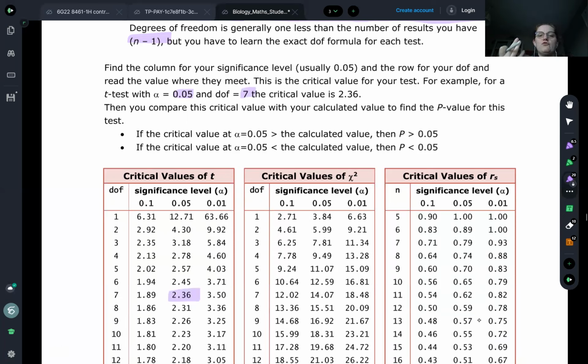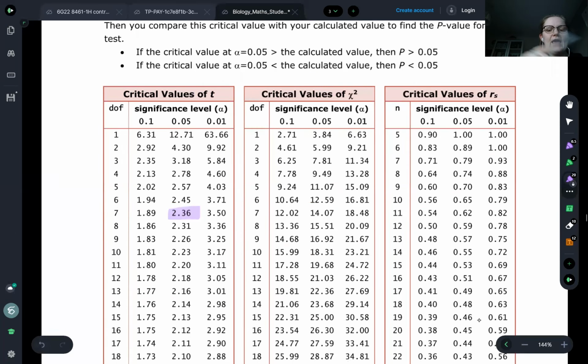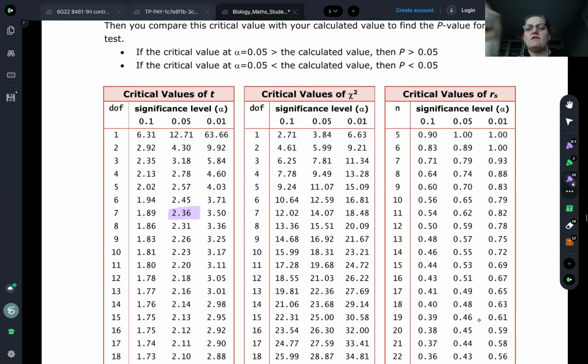What you then do is you compare this critical value with your calculated value to find the p-value for this test. So if the critical value, which is 2.36, is greater than the calculated value, then your p-value is greater than 0.05, which is what I have put here.